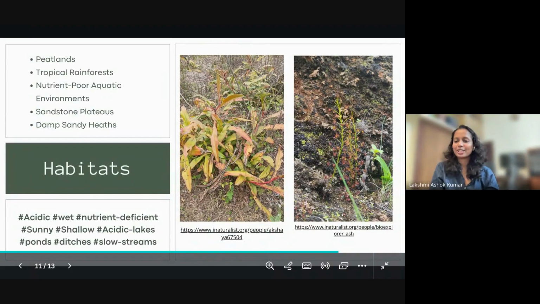Okay, if you consider India's terrains, we have a Nepenthes in the northeast, which is called Khasiana. Just one Nepenthes or pitcher plant is growing in India, and that is in the northeast, Khasiana. There is enough rainfall there.